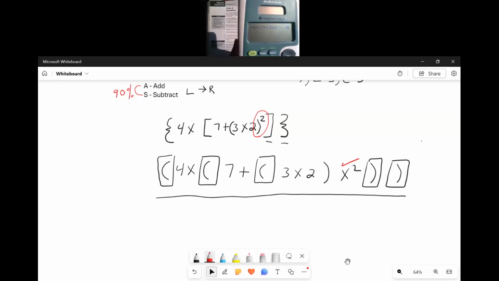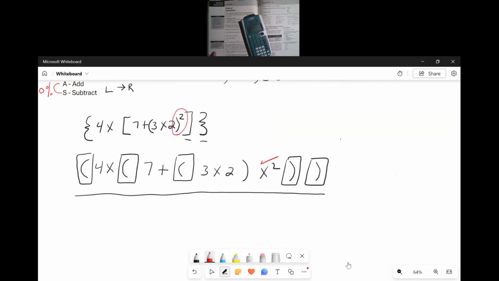There you go. And then you're going to press enter. And there's that 172. So in the end here, don't forget to press enter. And then you'll have 172 as the final answer.